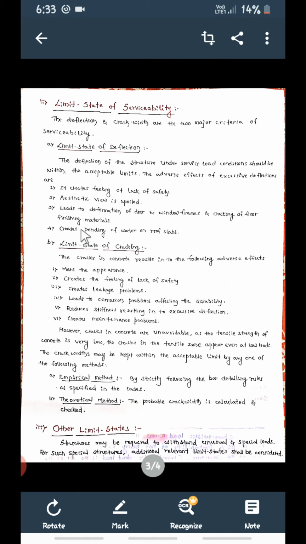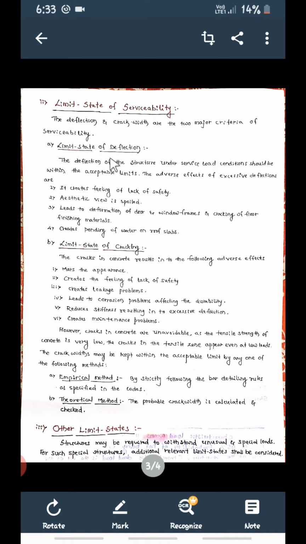There will be chances of water being stored there. Water storage problems will be there, then leakage problems will start. No doubt, if the deflection is within the permissible limit, there will not be any problem. So this is the limit state of deflection.